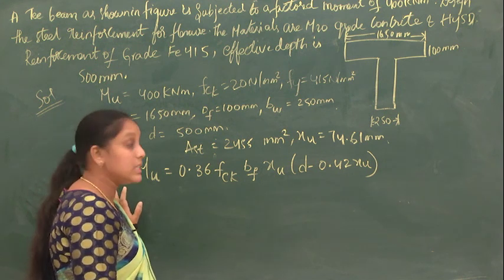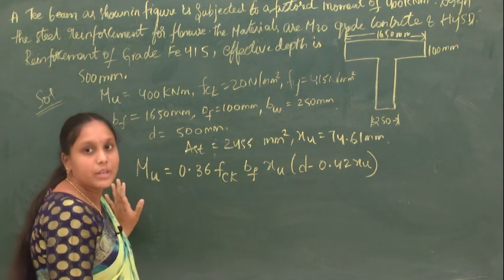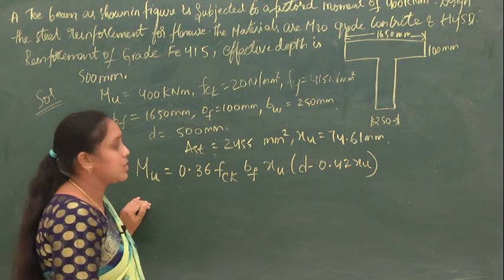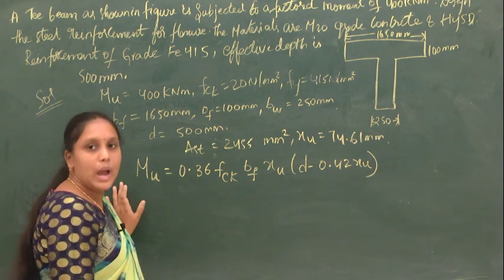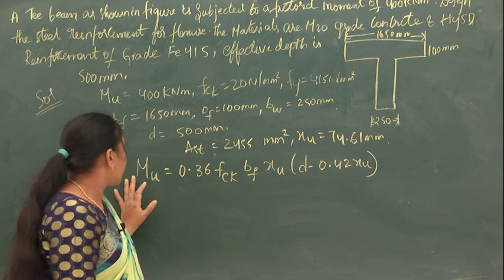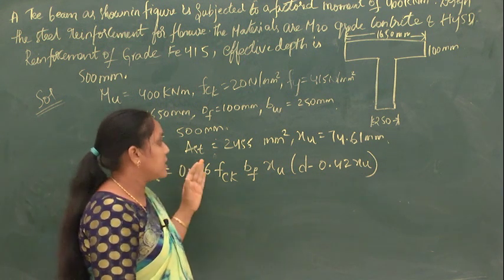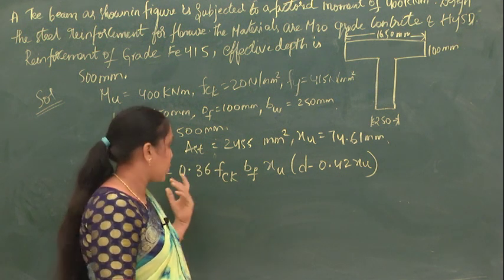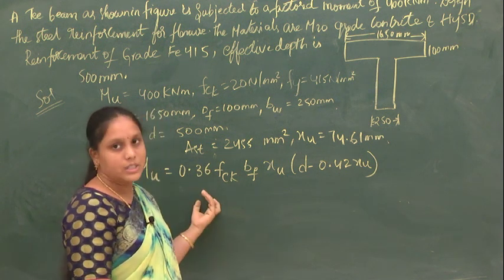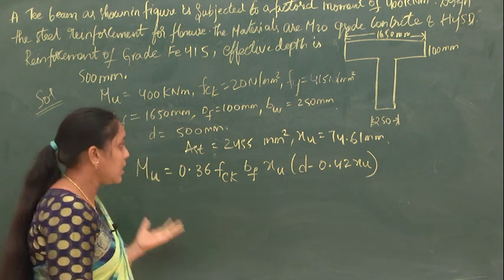The neutral axis is lying in the flange portion. If the neutral axis is lying in the flange portion, what we have to consider? We have to calculate it based on the rectangular section. That is, considering it as a rectangular section, we have to calculate the moment of resistance that we have learned in the previous session already.